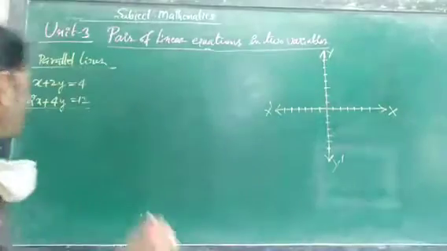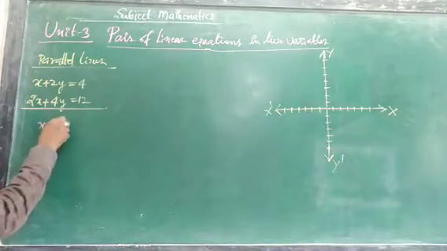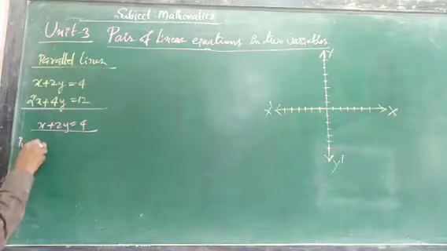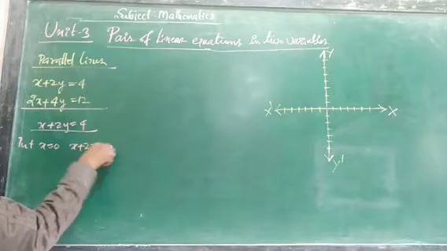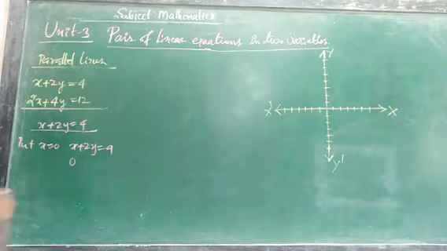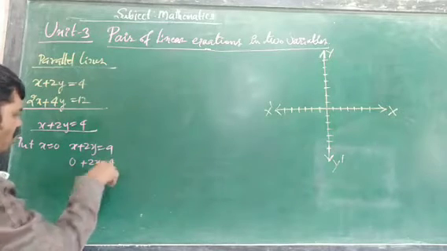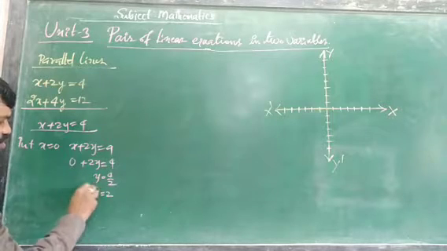We have taken x plus 2y is equal to 4. In this equation we are going to put the value of x equal to 0. The value of x we have already taken 0, so what remained? 2y is equal to 4, so y is equal to 4 by 2, so y is equal to 2.